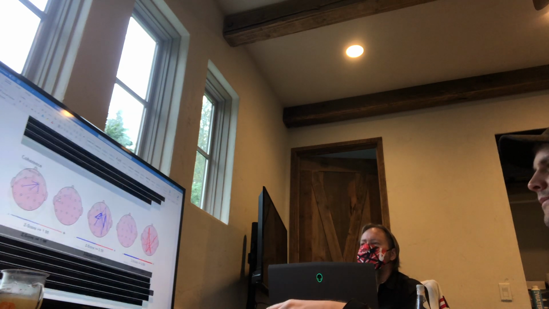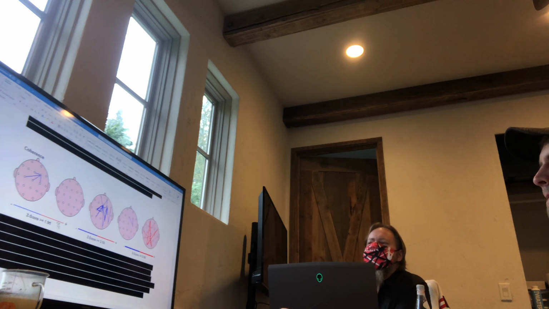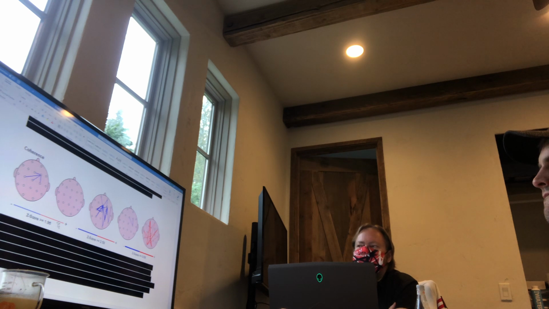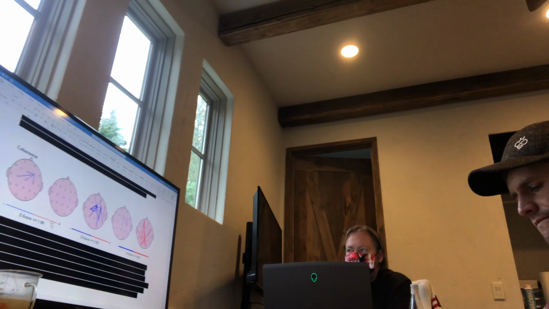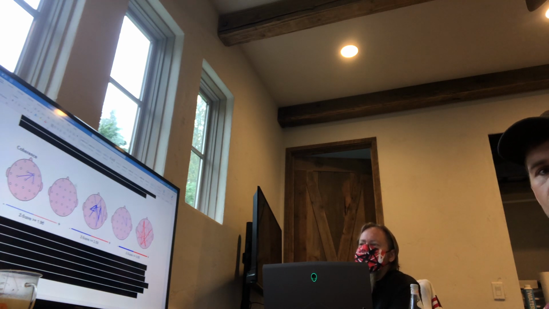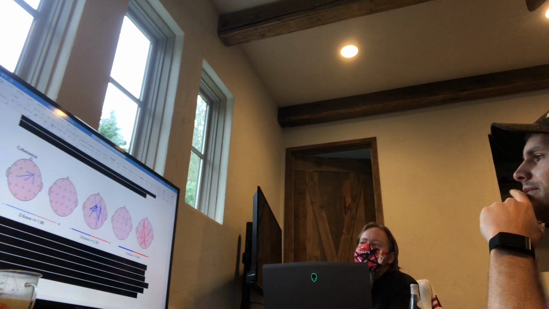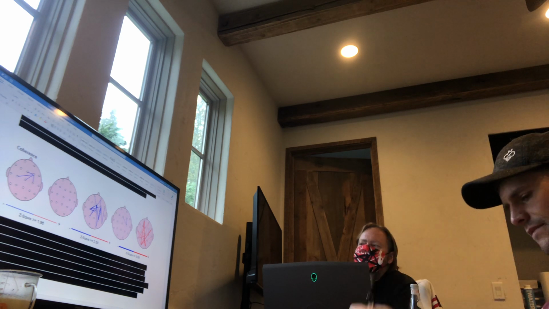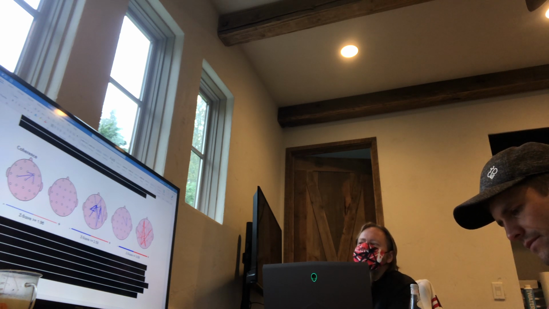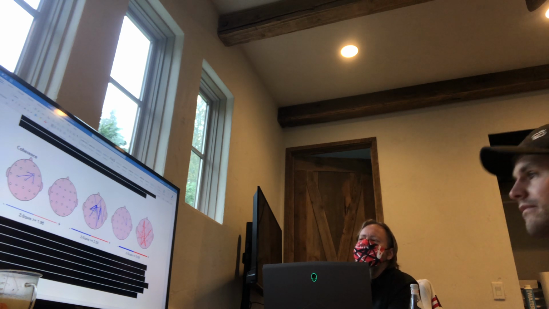Coherence is communication. So what we're looking at is communication between areas in the brain and frequency specificness. In alpha, we have some areas here that are not communicating well, a little bit slow.